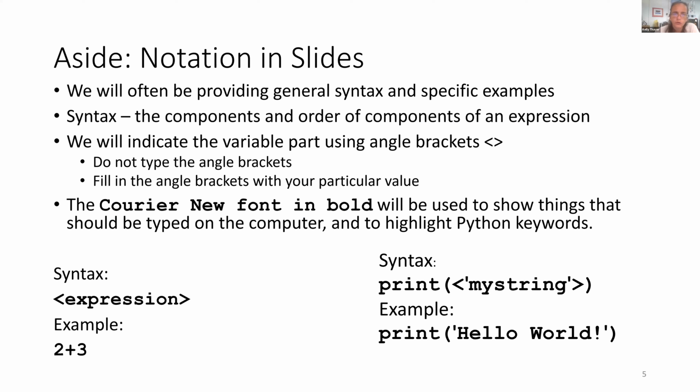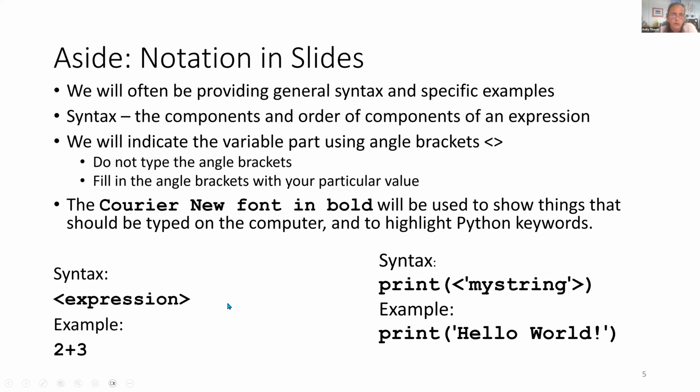Now, I'd like to do an aside about notations in the slides, so you'll be sure to understand what we mean. So often we'll be providing the general syntax and specific examples of something that we want to talk about. So the syntax means the components and order of components in some kind of an expression that we want to say.